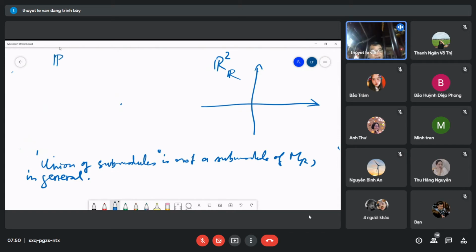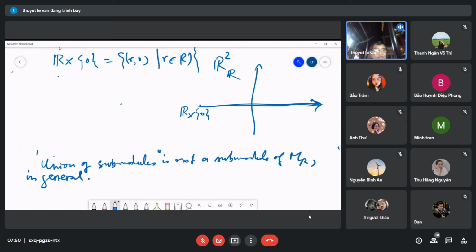So you take the set (r, 0) with r in R. Here is (r, 0), and here is r, okay?